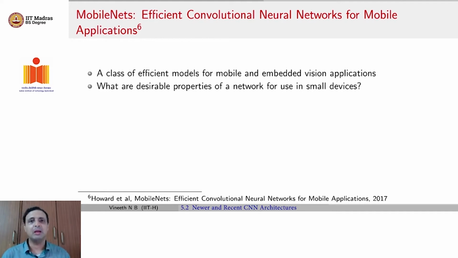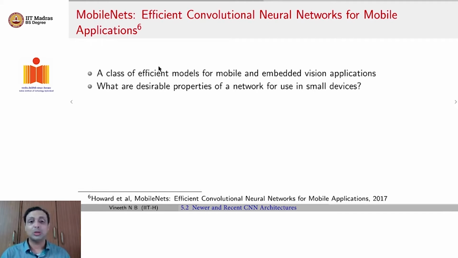There was another need emanating as CNNs became popular for vision applications, which was, can we use vision applications on low power devices, embedded devices, or what are known as edge devices, devices that sit at the edge, at the cusp of interaction with users or an environment for that matter.